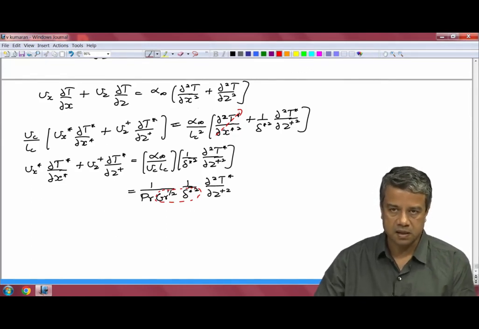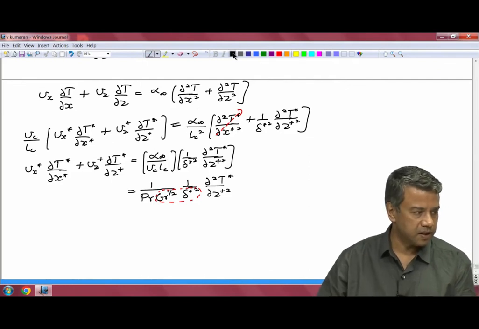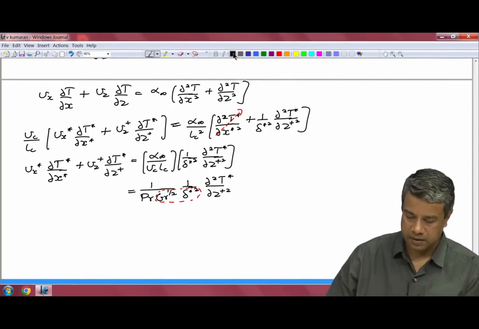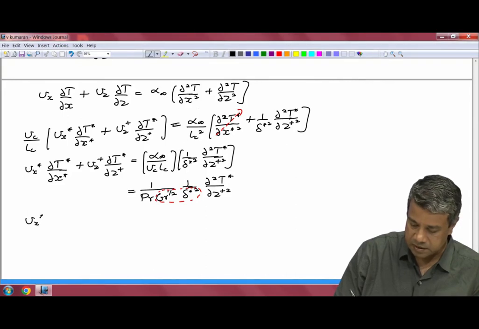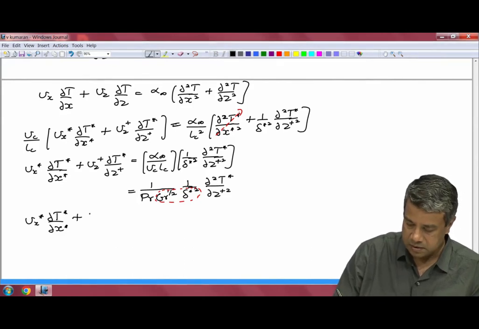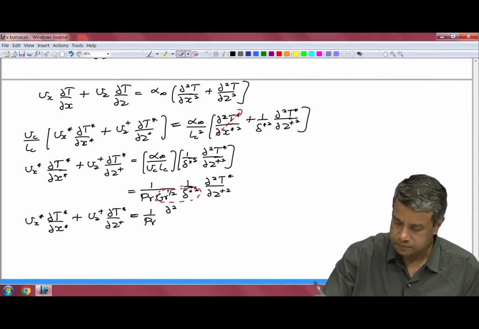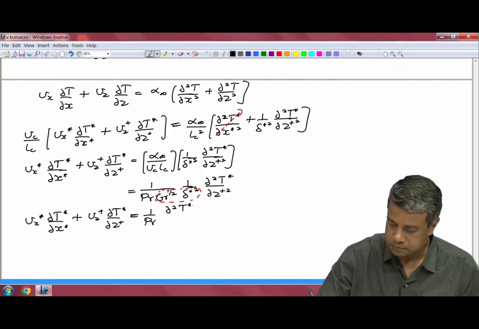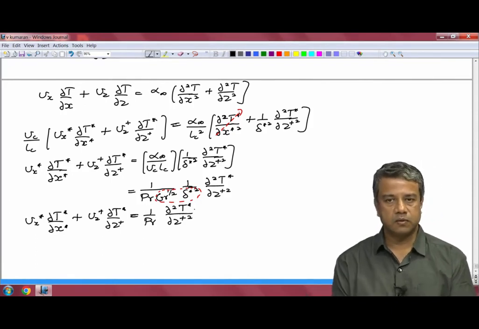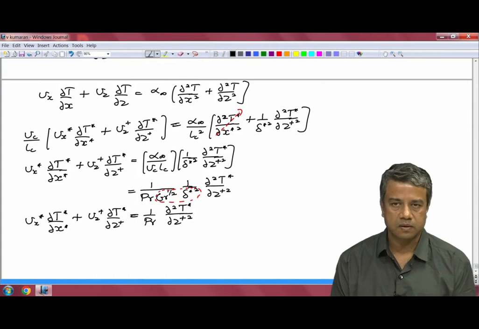So this product is equal to 1, and the equation I get is Vx partial t by partial x plus Vz plus partial t by partial z plus is equal to 1 by Prandtl number partial square t by partial z plus square, where I have neglected streamwise diffusion of heat in comparison to cross stream diffusion.